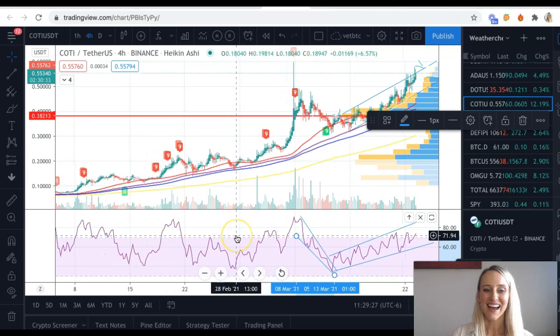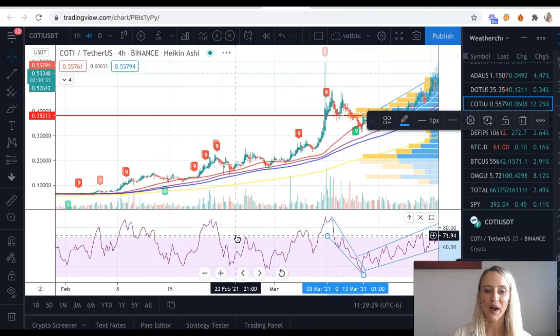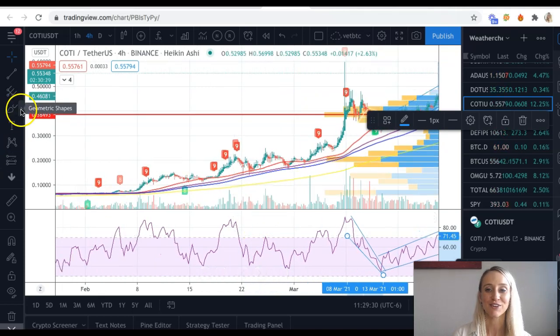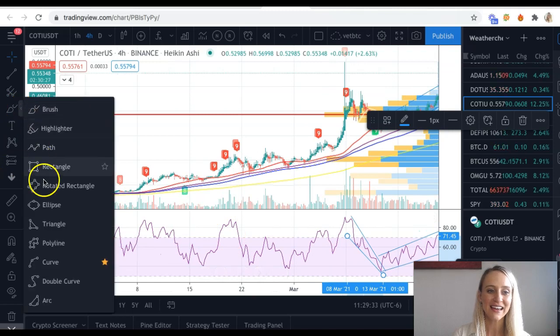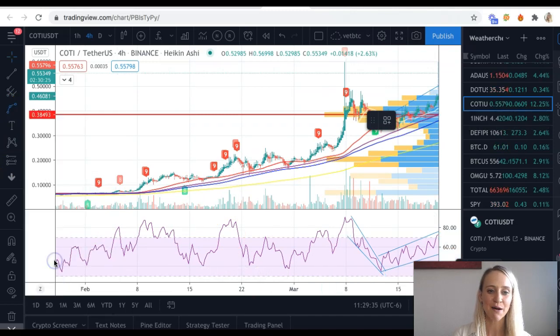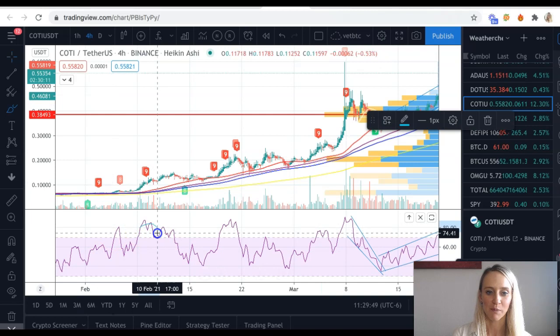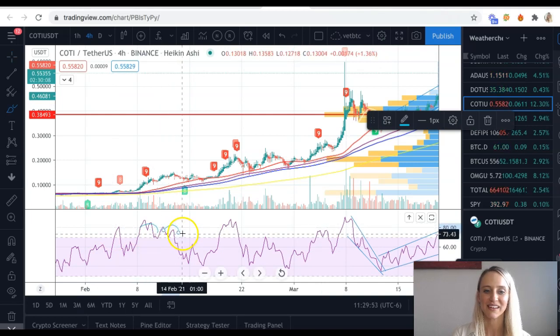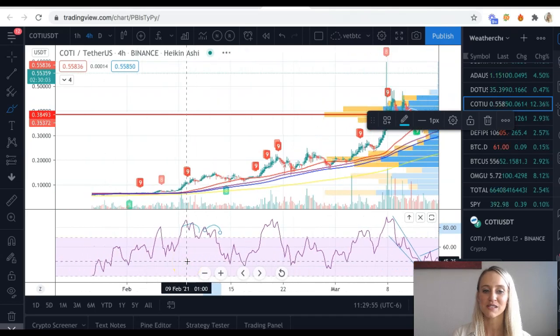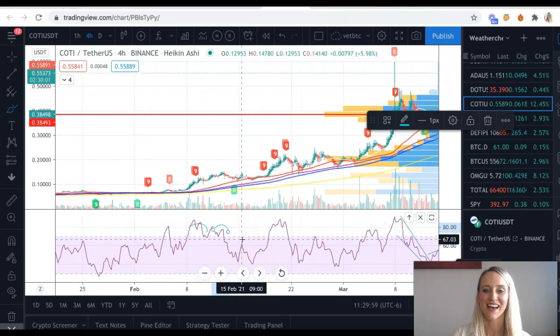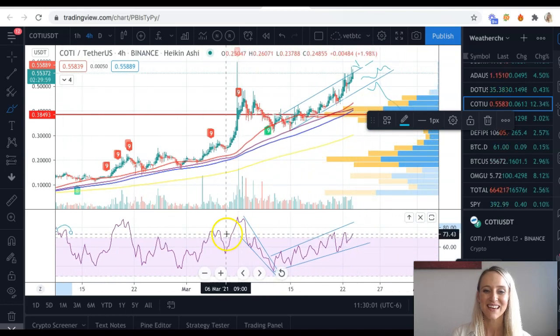So the RSI can show you patterns as well. You can also have inverse head and shoulders on the RSI, double bottoms, double tops. So here's a double top forming, which with double tops you typically see downside. Bam, it played out. So that is how you can also see patterns on the RSI to utilize it.